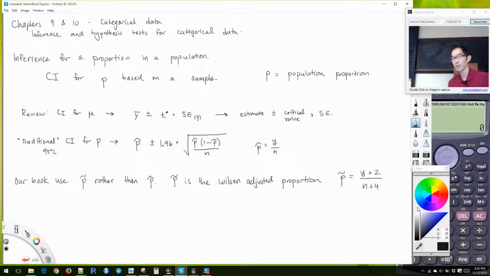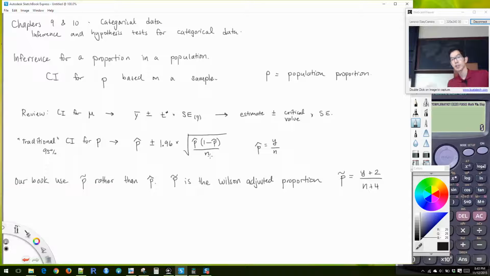And in that case, your proportion would be 0 divided by 200. Your p hat is 0, okay? And if your p hat is 0, then your standard error is going to be 0 times 1 over n. This is also going to be 0, okay? Because when you have a proportion of 0, you've got no standard error here, okay?